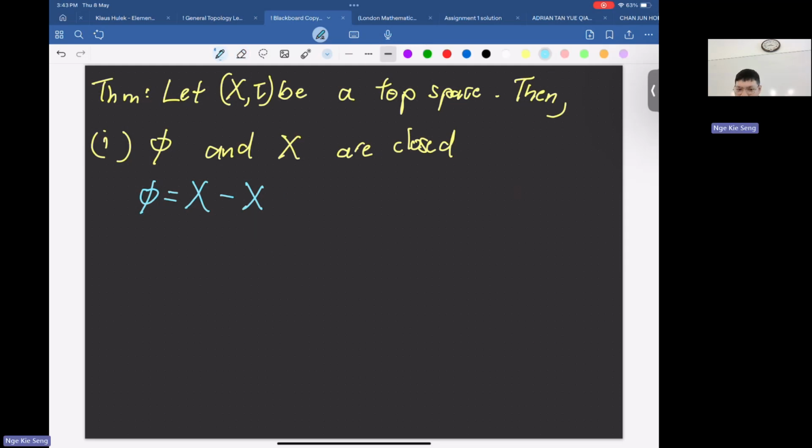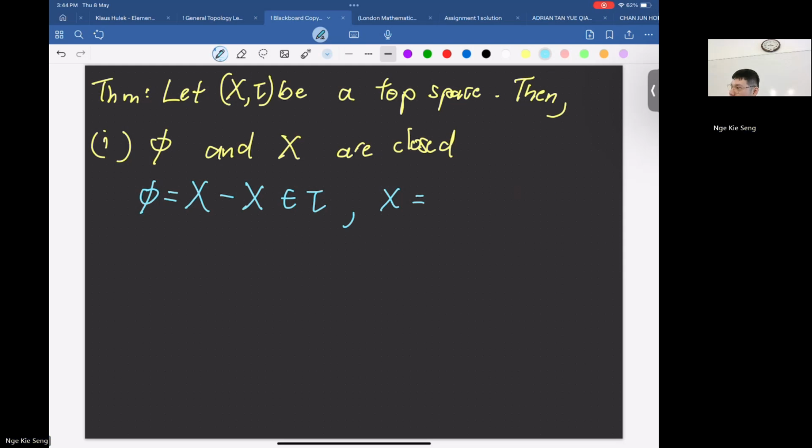So because X minus X is also open, you write it as a complement, and this is an element of tau because the empty set is open. How about X? Can you write it as the complement of something?